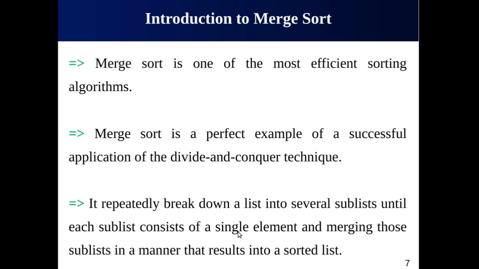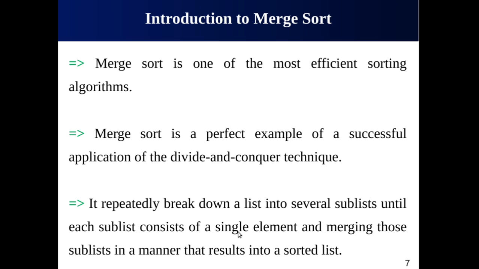For example, you have 4 elements in a list, divide them into 2 sublists, each having 2 elements. And then in the next step, divide each sublist that has 2 elements into further sublists which will contain only 1 element. So once each sublist contains a single element, it's time to stop the division here.